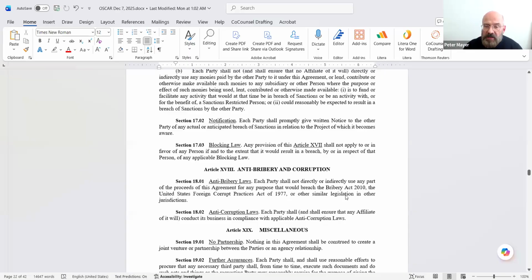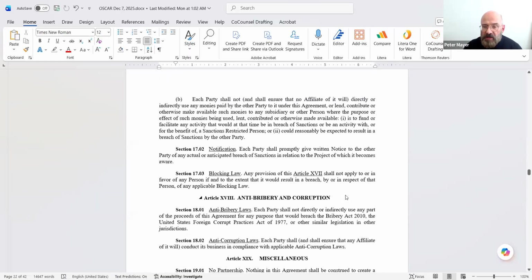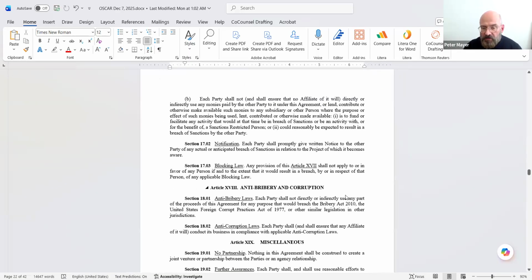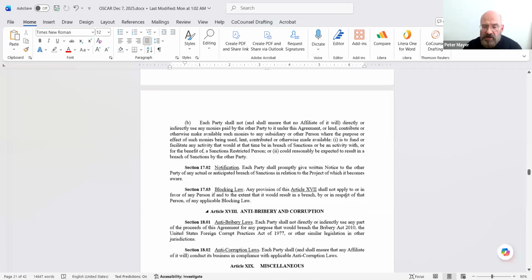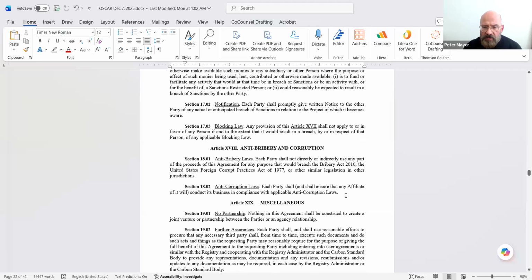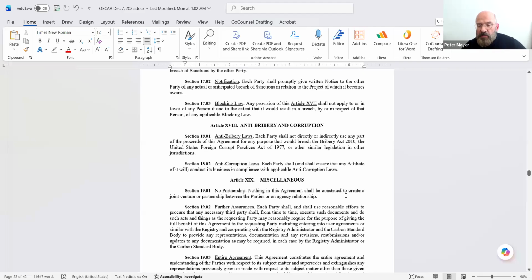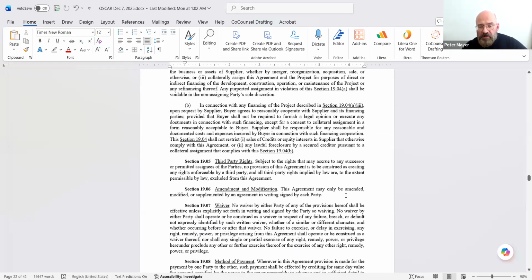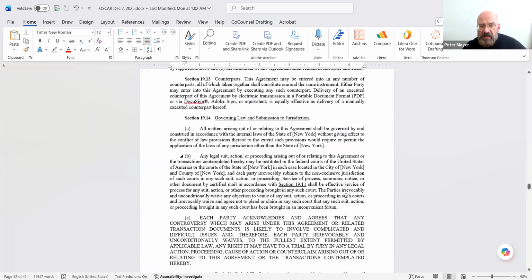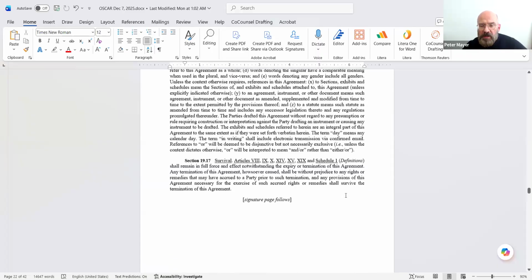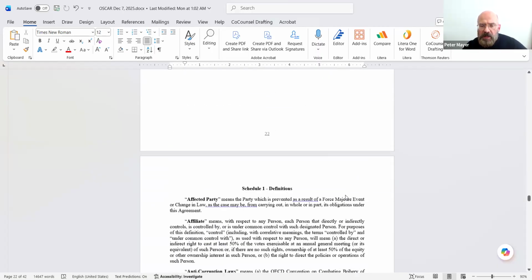Sanctions and anti-corruption provisions, also quite customary in CDR transactions, considering the jurisdictions the projects are sometimes placed in. The miscellaneous provisions, we don't need to look at those. They are basically as in any other commercial agreement.